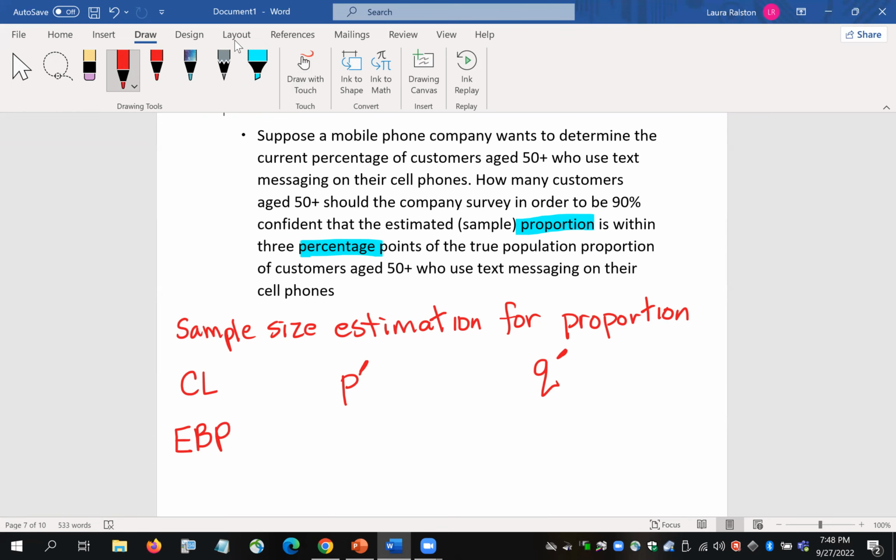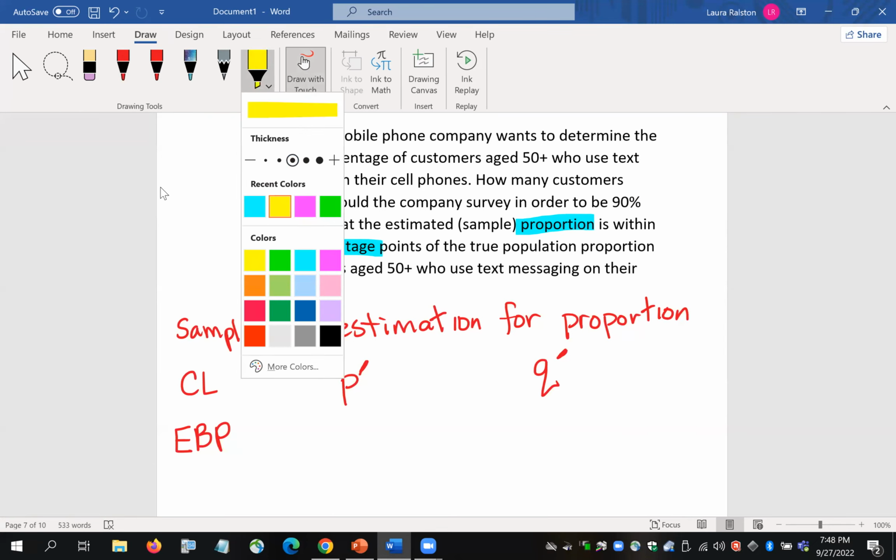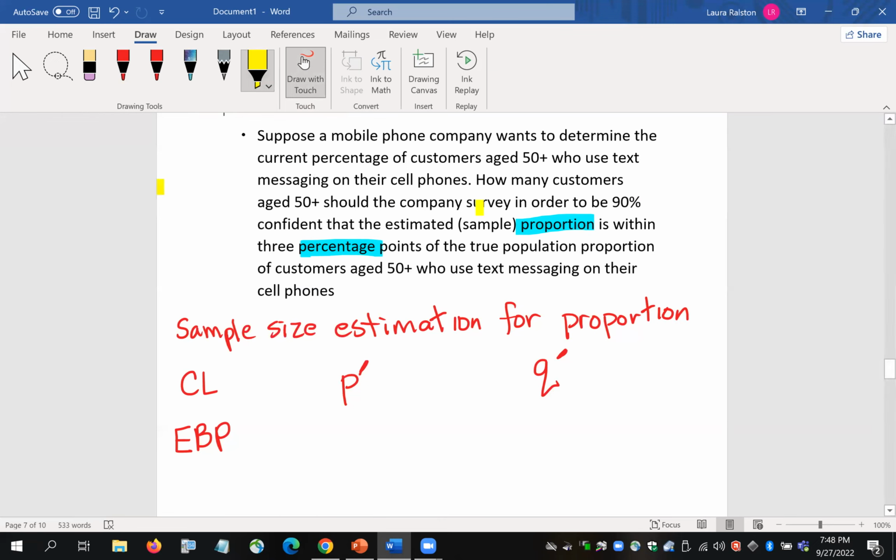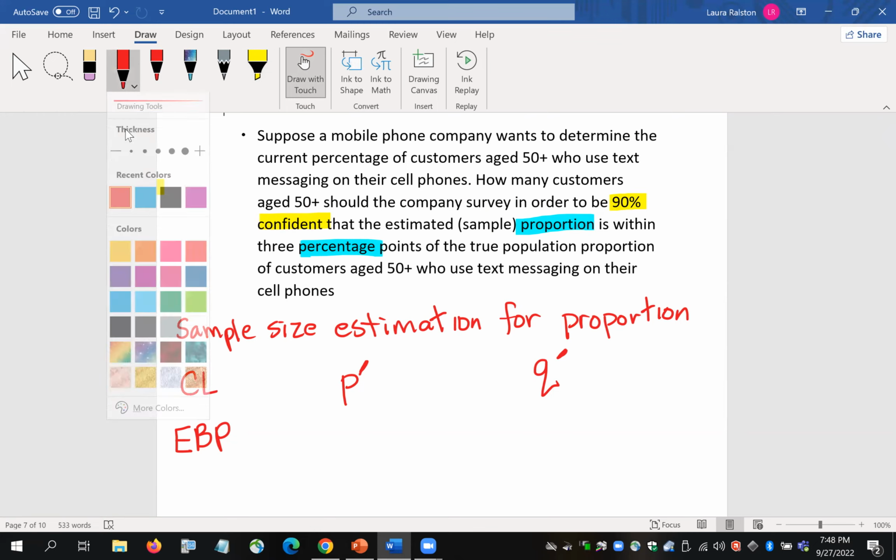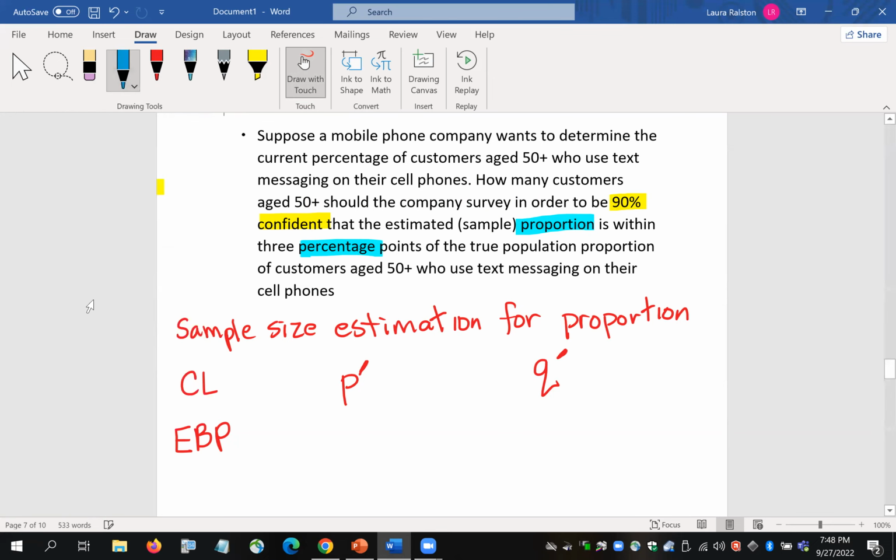Okay, so if I read through this problem again, let me scan it here and see what I got. Okay, in order to be 90% confident. Okay, so my confidence level is given in the problem as 90%.